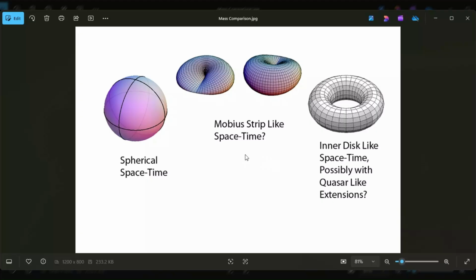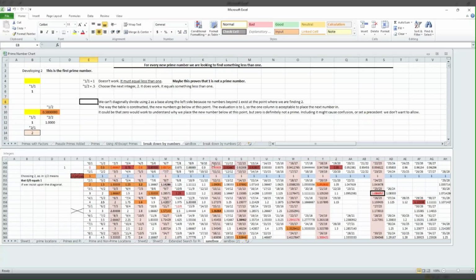So what I am saying is that this sphere is the proton, this torus is the electron, and the projective plane is the neutron.